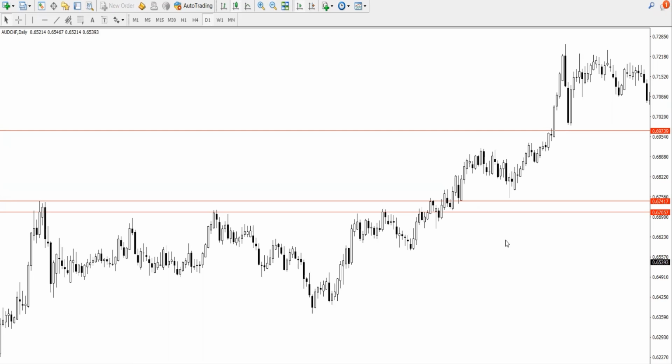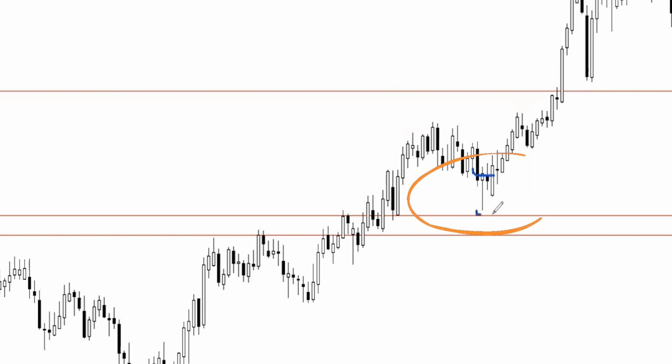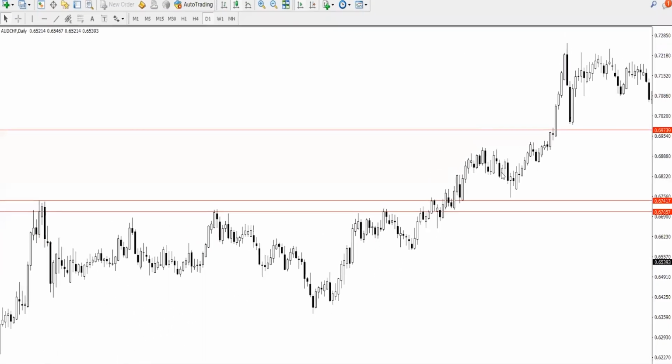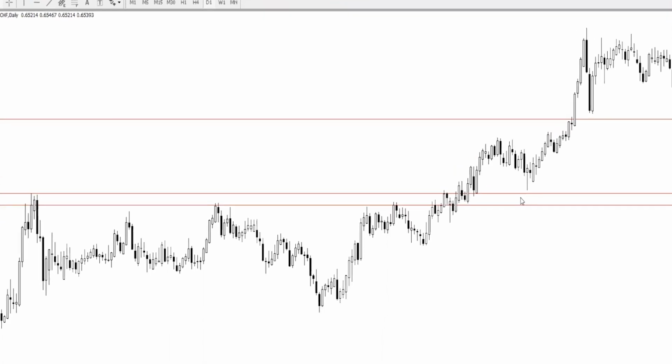By virtue, that's a self-fulfilling prophecy where a lot of traders know how to trade the pin bar, and a lot of traders would have entered the market based upon this bullish pin bar here. Therefore, huge buying volume. Price can only go one way. And if you know how to trade the pin bar, then you would have been amongst those traders on the right side of the pin bar.